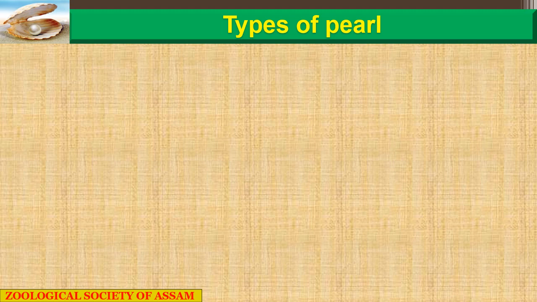Types of pearl. As you know, different flowers are grown in different species of plants. In a similar way, different pearls grow in different species of mollusks. The pearls are categorized into the following types based on habitat.